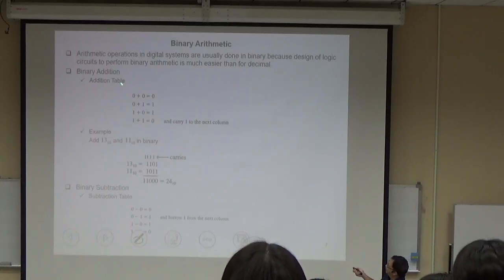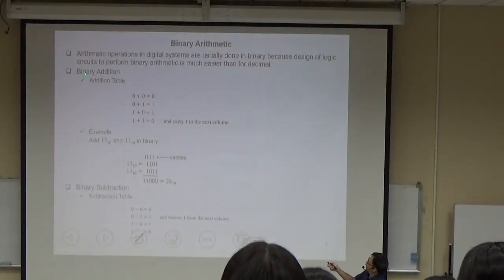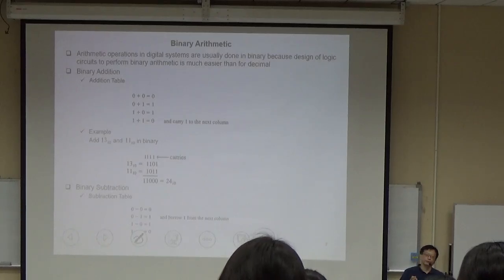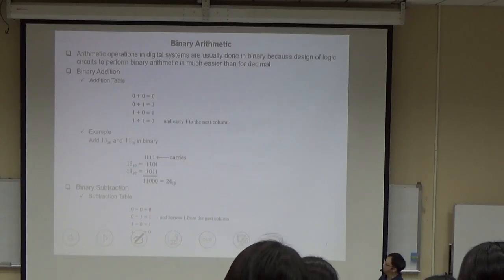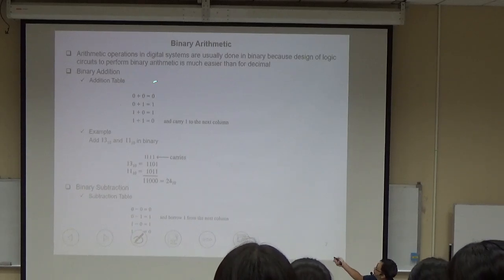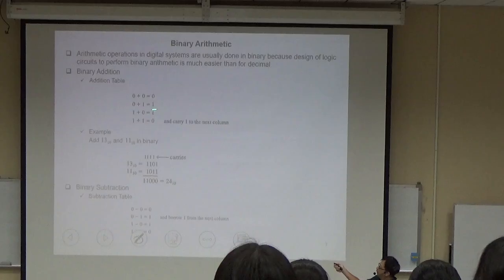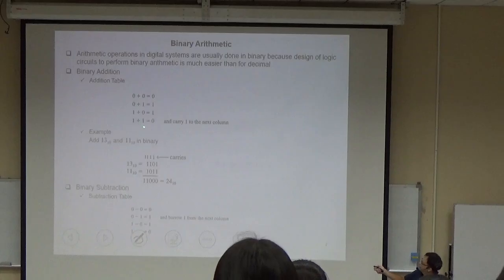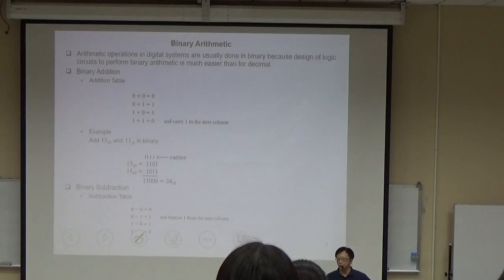So here is binary addition. It's the coding rule, the addition table. This is how we perform it in the binary system, with 0 and 1. 0 plus 0 is equal to 0, 0 plus 1 is equal to 1, and 1 plus 1 is equal to 10.